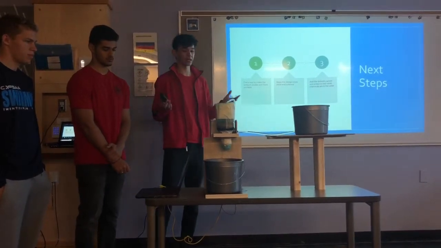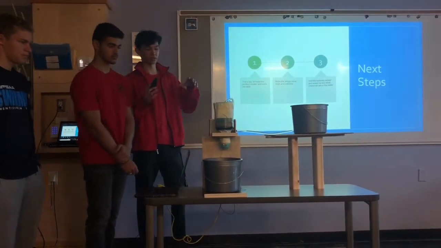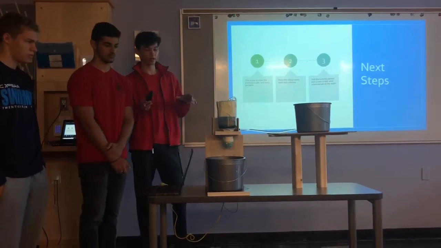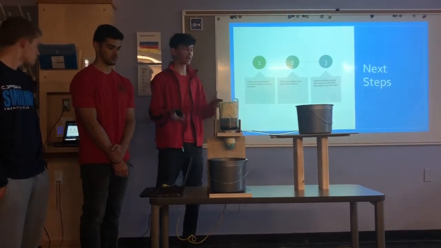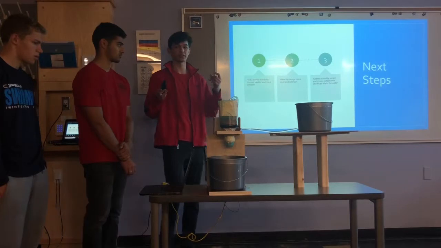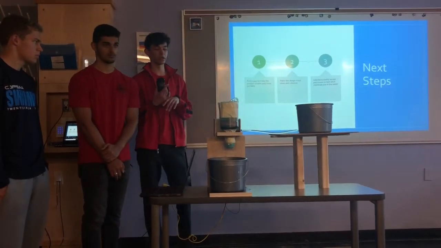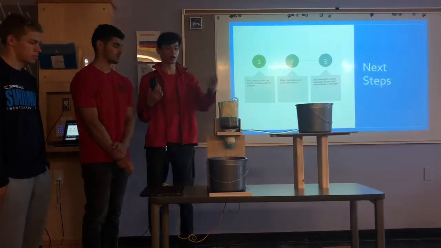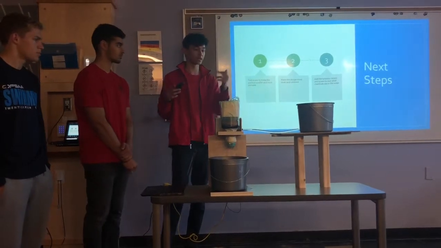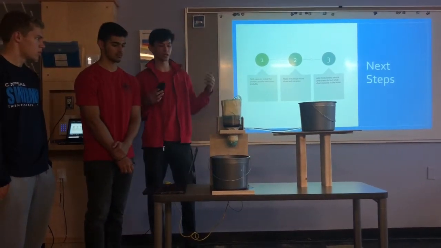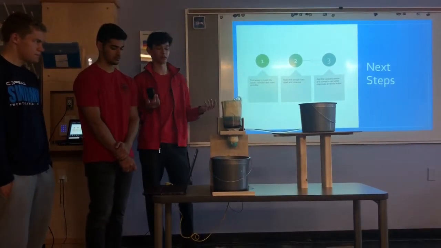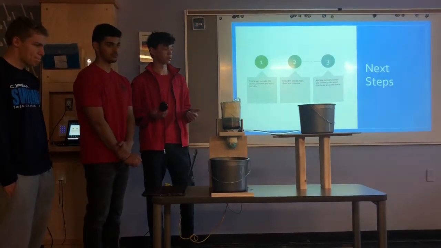We also want to make the design more sleek and cohesive, so there aren't parts everywhere. Lastly, we had the idea to add a turbidity sensor, which checks for impurities in the water, with a sensor on the filter that would tell you what's in it. This was another way of checking the cleanliness of the water, and we thought that would be a nice addition to our project.